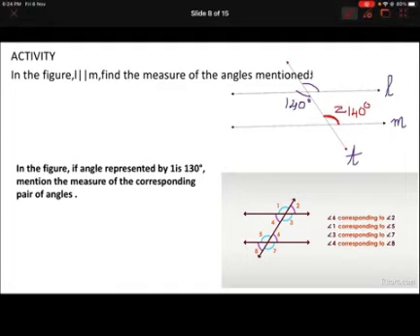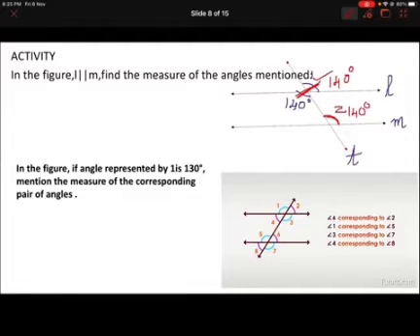Then if that is the case, then what about this angle? Yes, children, so many reasons, so many options are there for you. Now you can say this angle is also 140 degrees. There are two reasons. One is this is vertically opposite to this angle. That reason you can give, because afterwards whenever you are asked to find the measure of angles, you have to give the statement and the reason.